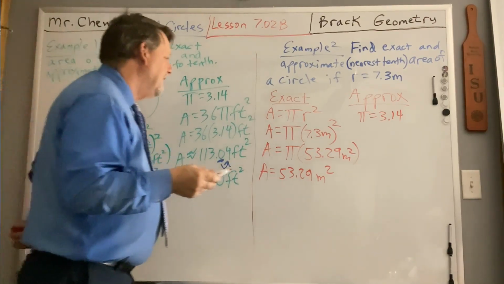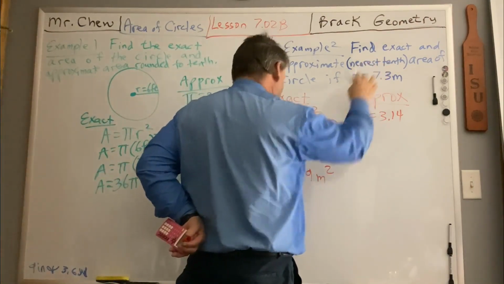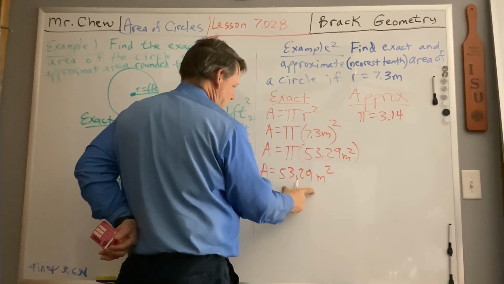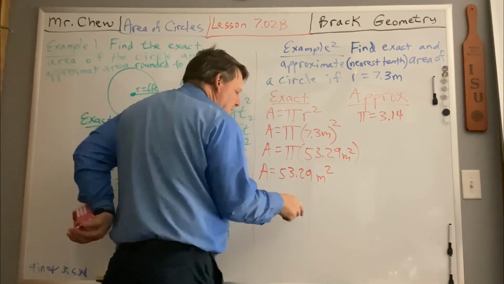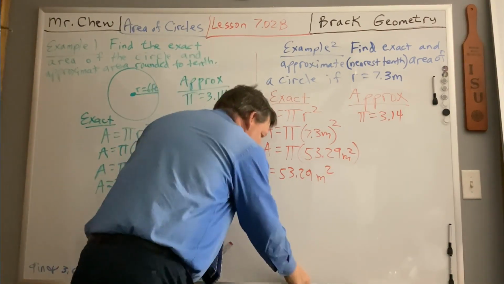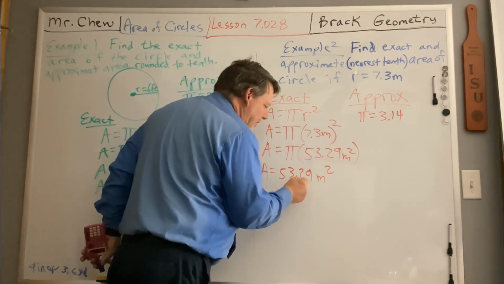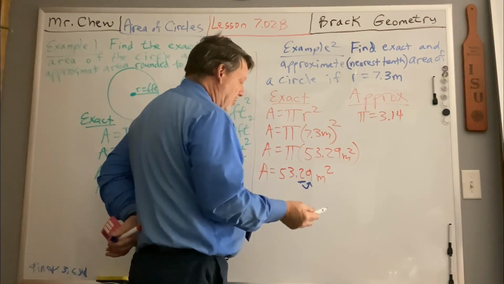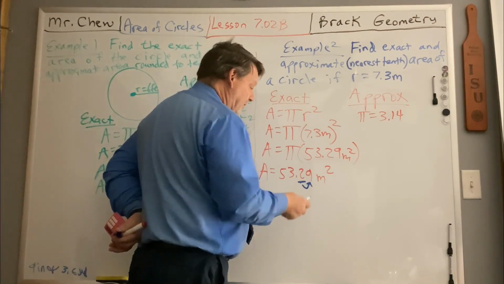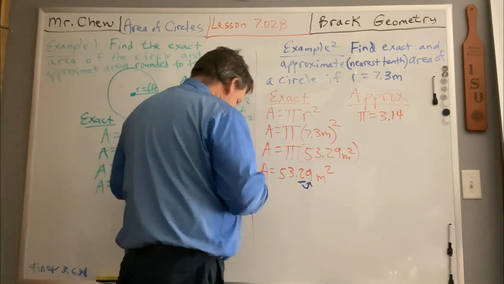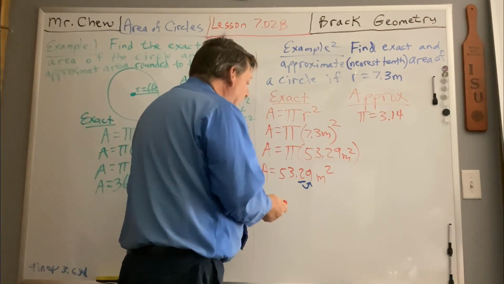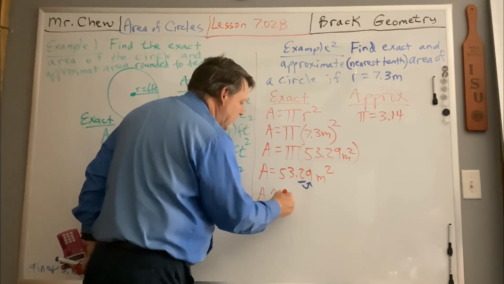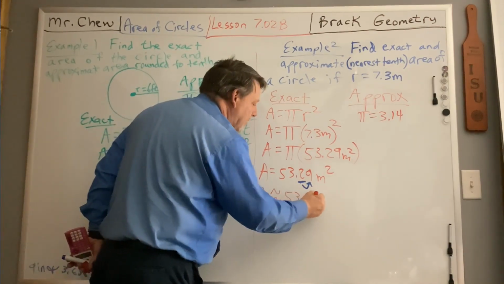Now, if they would tell you to round this to the nearest tenth, you would round it by underlining my 2, looking to the right. Is 9 bigger than 5? Yes. So I round this up to 3. So my exact area rounded to the nearest tenth is 53.3 meters squared.